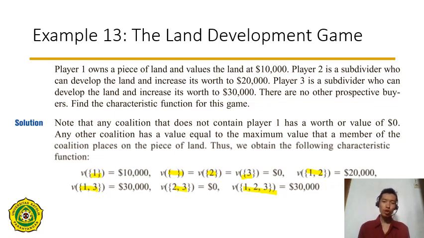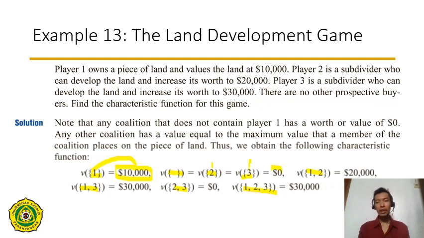If 1 acts only by him or herself, then the value that this person receives is $10,000, only the land. But if we only have the subdividers acting alone, then the value that subdivider 2 and subdivider 3 receive by themselves equals 0 because they do not have any land.